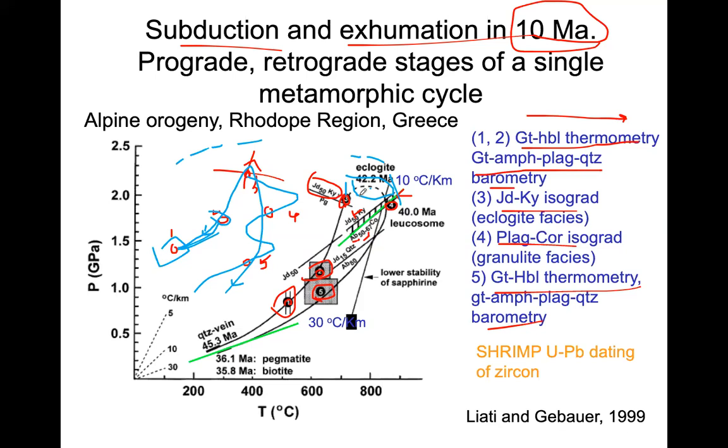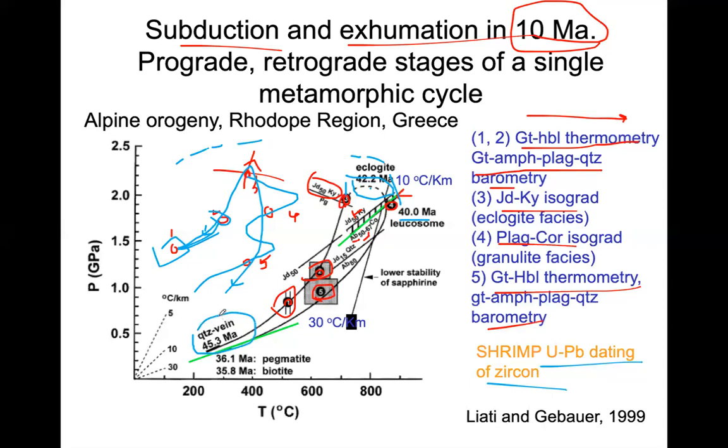Okay. Anyway, they have used uranium-lead dating by SHRIMP. That is an instrument for zircon to find out the ages also, right? So you see the ages, here 40 million years, right? And the very earlier situation is 45 million years.